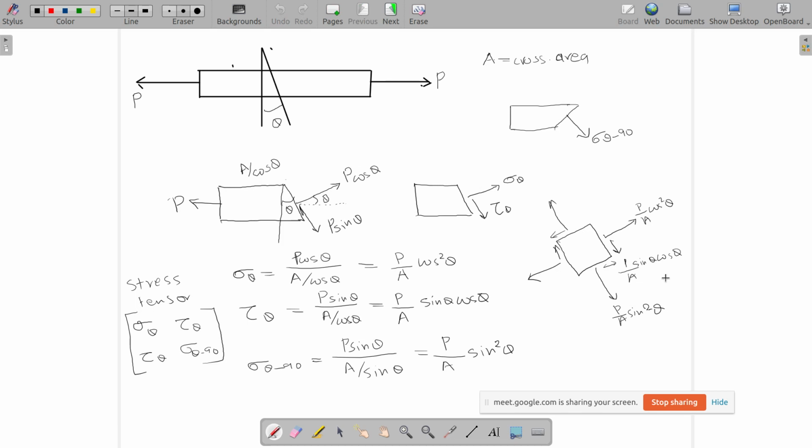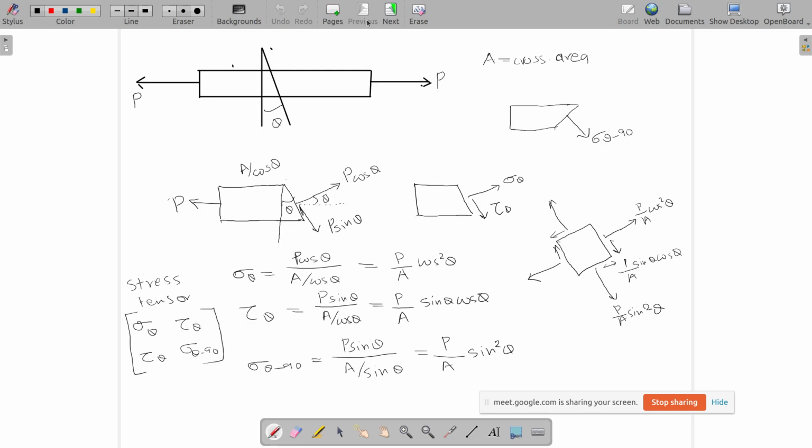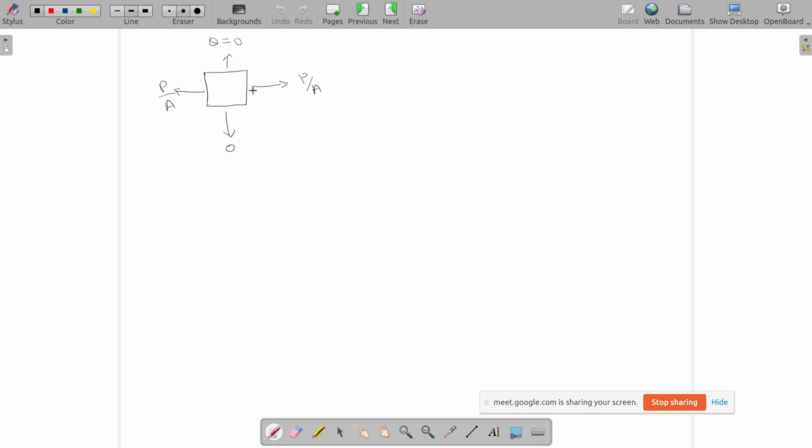Sin theta cos theta, what will be sin theta cos theta? Sin 0 is 0 and cos 0 is 1, and hence that is also 0. All the shear stress values will also be 0.